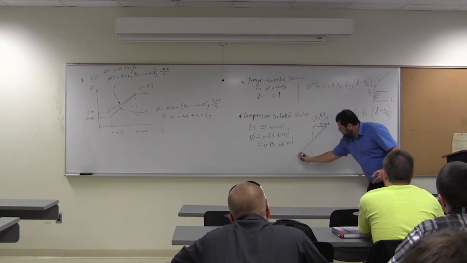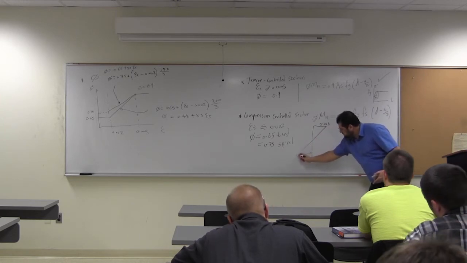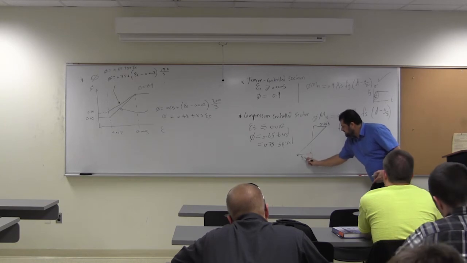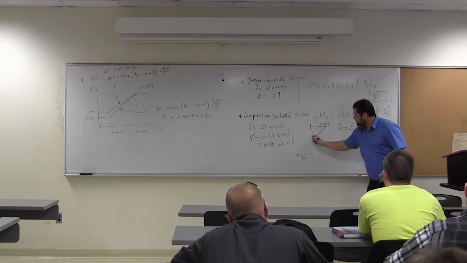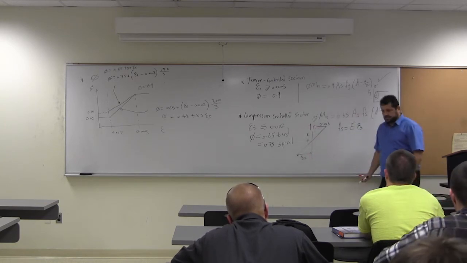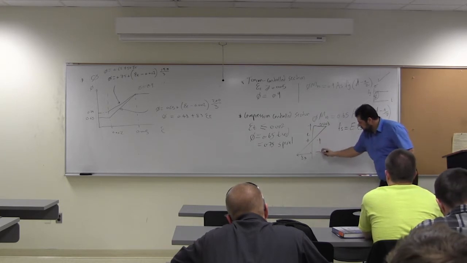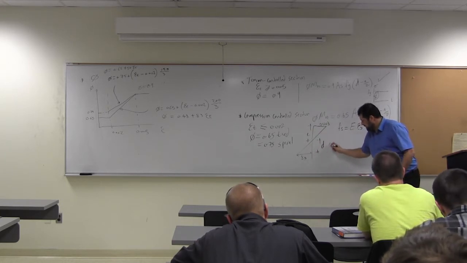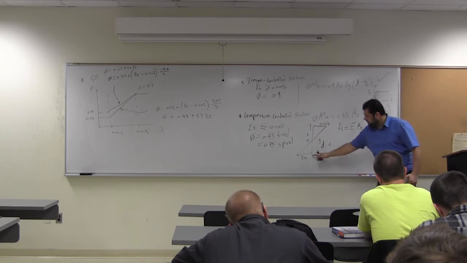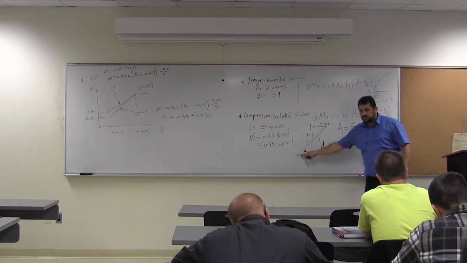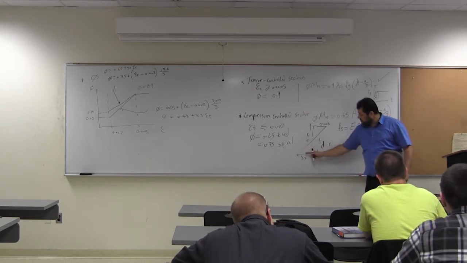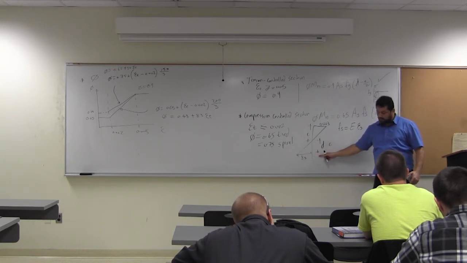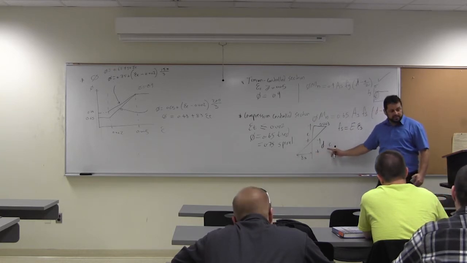So that's your steel. That's your epsilon s. This is c. And this one, d minus c. What do you want? Epsilon s. Right? So epsilon s over d minus c. Look at this again.